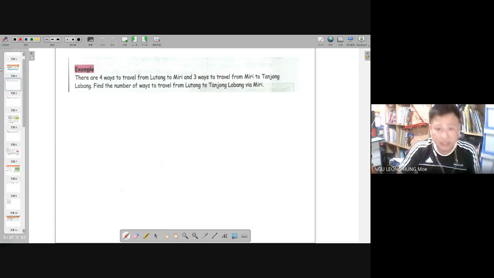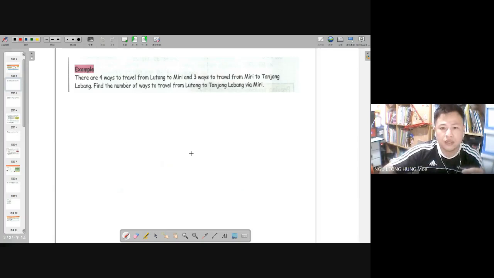That means we have 4 roads we can use from Lutong to Miri. Just like from your house, you have 4 ways to reach your school. Use this road also can reach, use road 2 also can reach, 3 also, 4 also, right? From your house you have 4 roads, turn left can reach, turn right can reach. So which one do you want to use? Any one is fine, right?